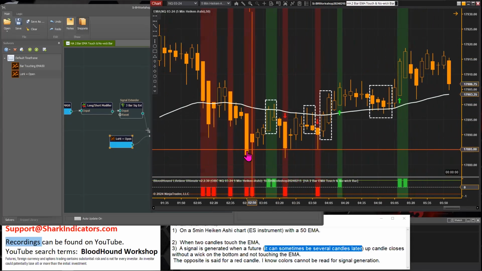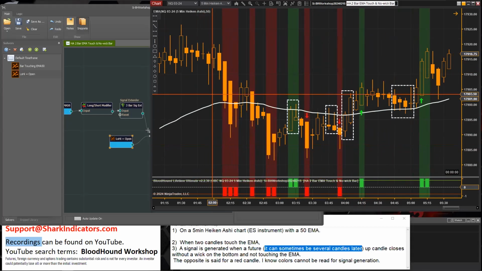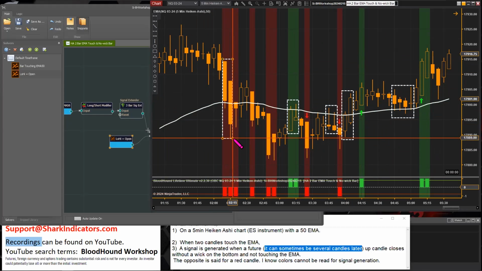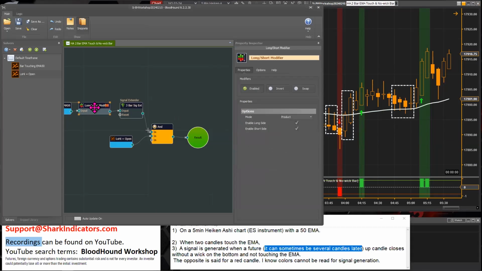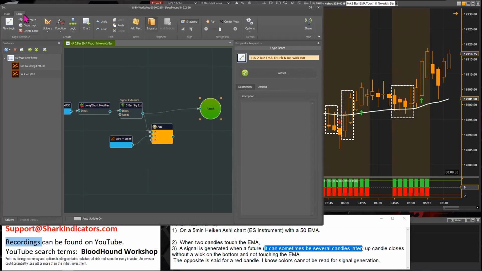Let's go back to our little work area. There. You notice how we have a signal on bars that are touching? Bars are touching, and we have a signal there. So we need to actually go and correct that. That's because of this condition here.